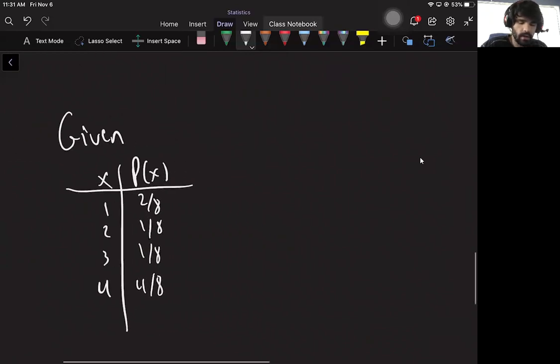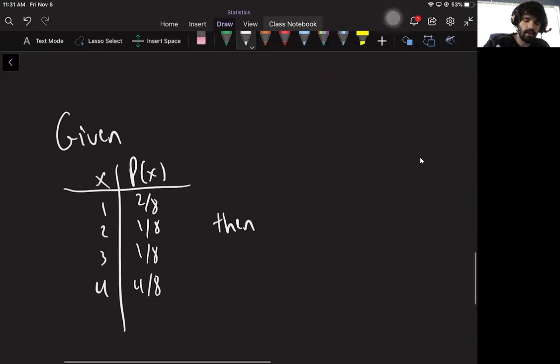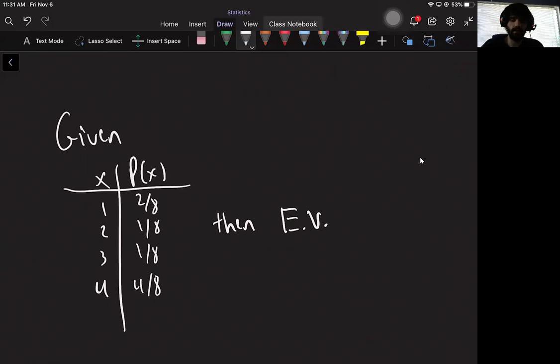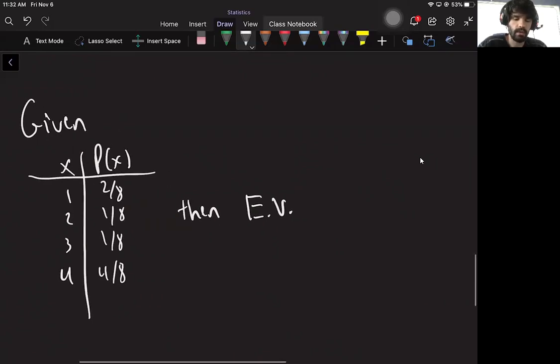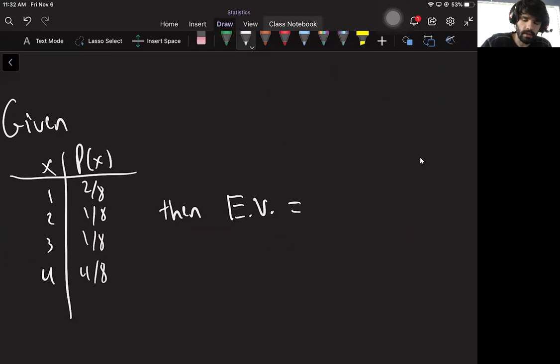Then we know how to calculate expected value. So let's do that first, because if you're calculating the standard deviation using a bunch of data, the first step is you need the mean. So I'm going to get the expected value since it corresponds to the mean, and that should help me get the standard deviation. Okay, so you know how to do this now.